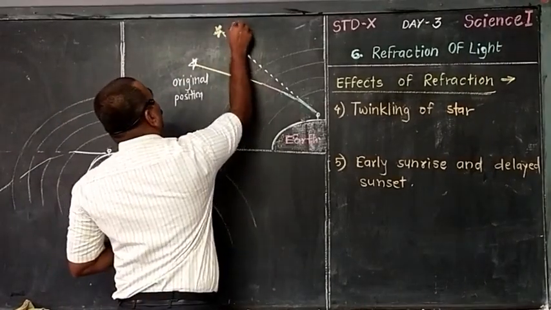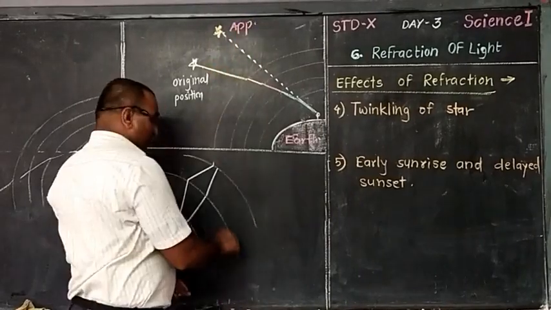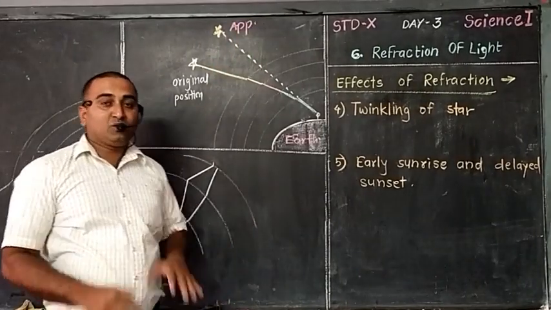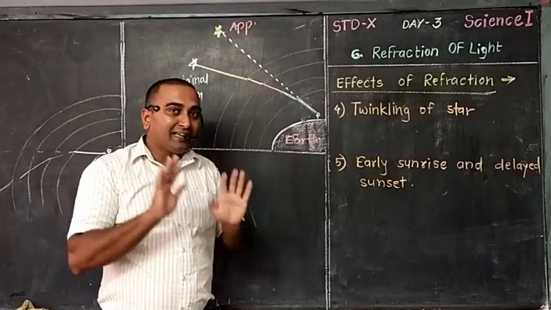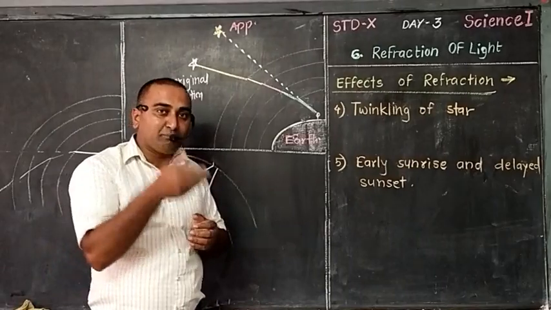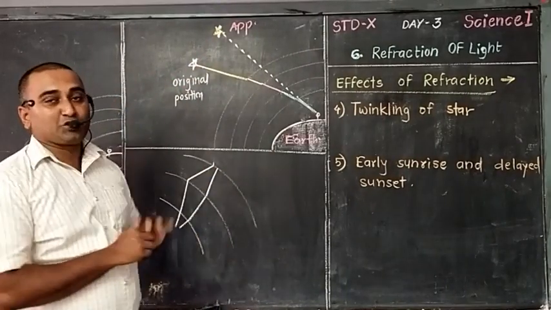So it is called the apparent position of a star. During the night, the stars we observe are actually a little below the apparent position.